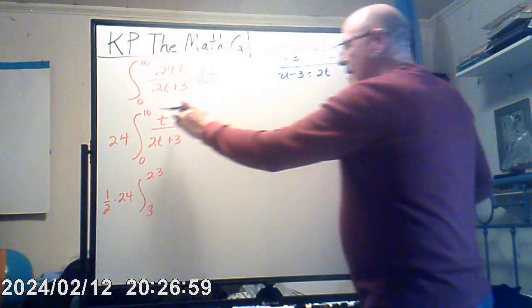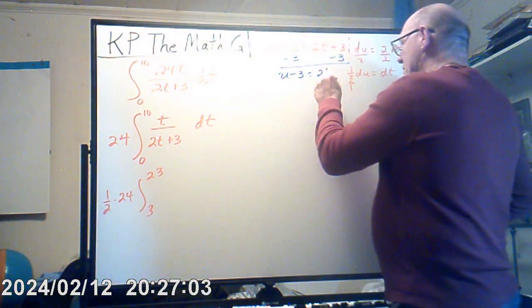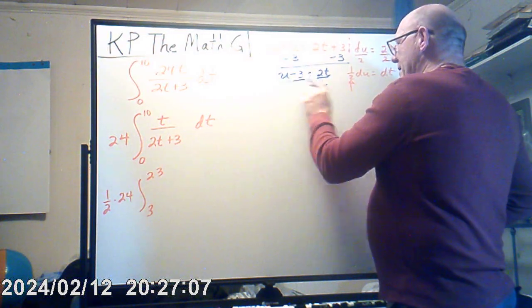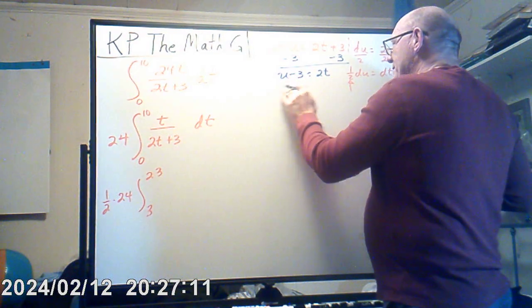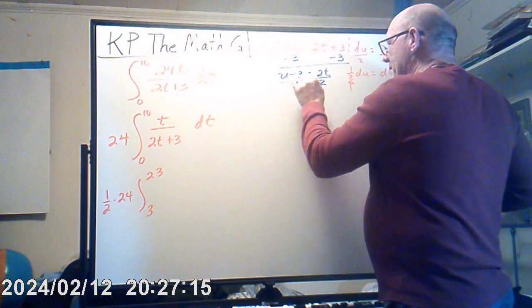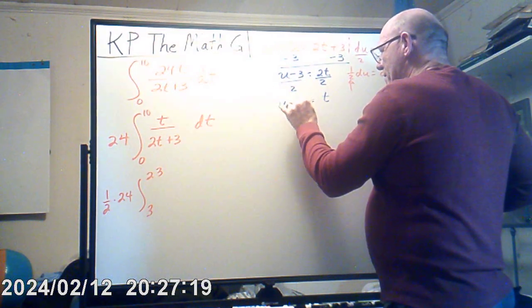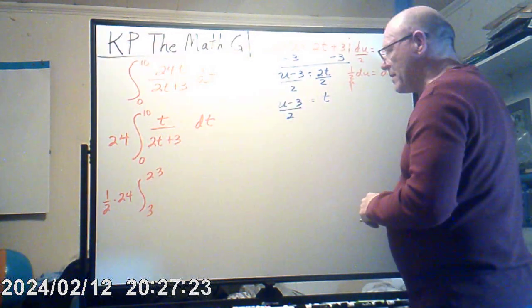I want t by itself, not 2t, so I'm going to divide by 2. So t is equal to u minus 3 over 2.